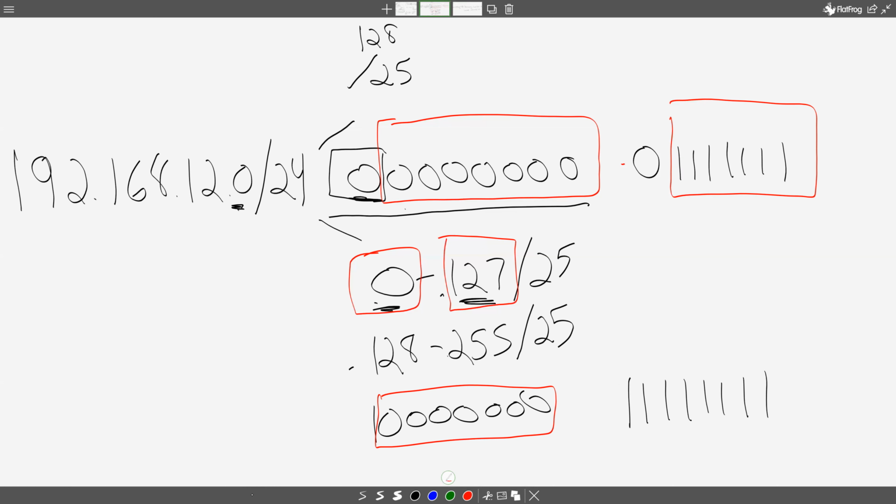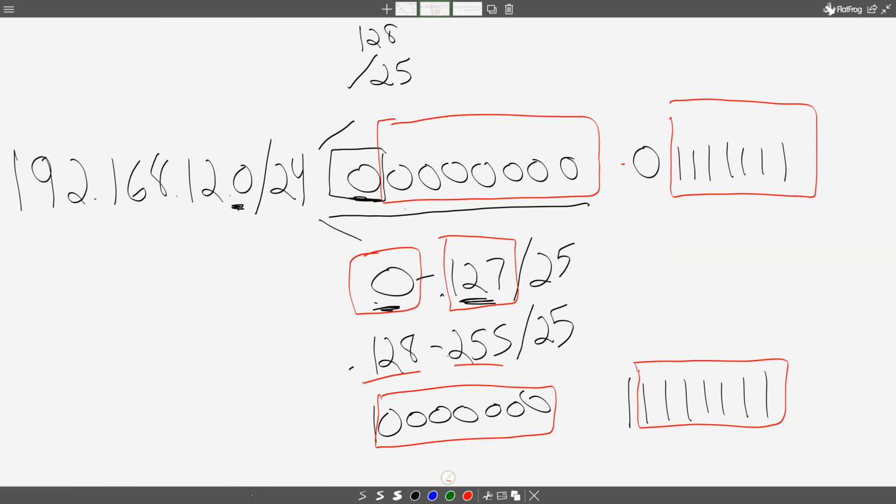You'll notice here now, all the host bits are ones. So you've always heard you can't use the first, you can't use the last. But you may not have known the reason was because the host bits were all zeros or all ones. Of course, maybe you did know that, but somebody watching this who's in the class may not know. But that's the reason you can't use the first and you can't use the last.